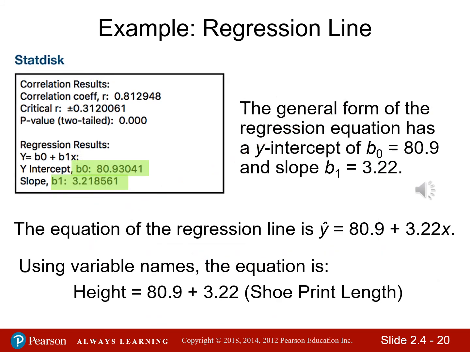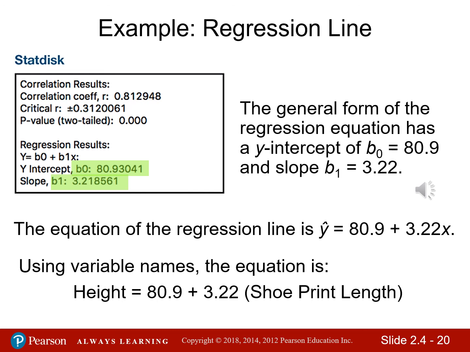From the DACC results on the left, we see that the y-intercept of b0 is equal to 80.93041, or rounded up to 80.9. And the slope of b1 is equal to 3.218561, or rounded up to 3.22.